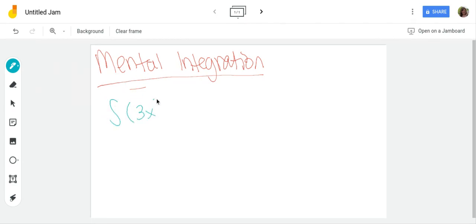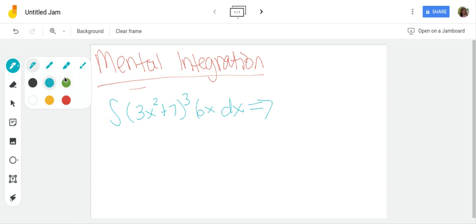For instance, if I gave you this problem right here, I should already know this answer. This quantity raised to the third power, and then it's multiplied by 6x dx. What I'm noticing when I'm looking at this problem is that the derivative of the inside here is 6x, which is right here.